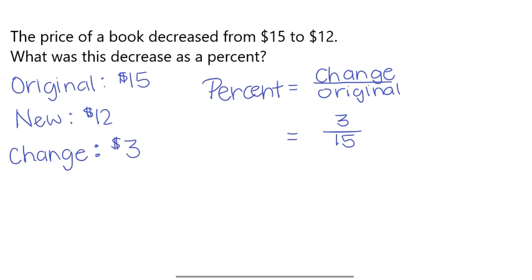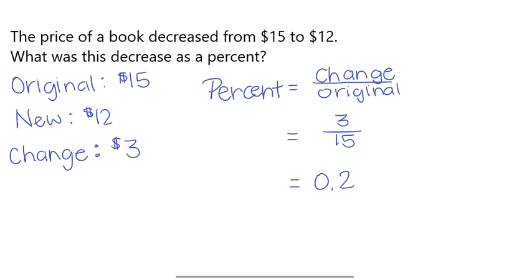So my first step in turning a fraction into a percent is to find a decimal. So 3 over 15 is the same as 1/5, which is 2/10 or 0.2.